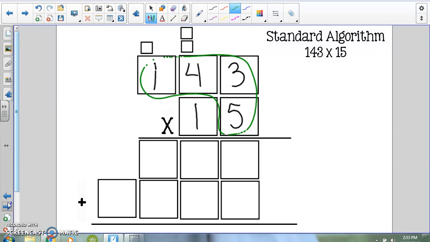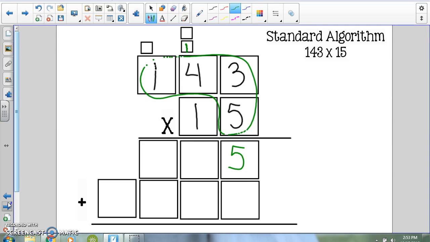Alright, so we talk about dancing, and so now we know our ones place is going to dance with the numbers at the top, all of them, and then we're going to give our tens place a chance to dance. So first, our 5 is going to dance with our 3. So 5 times 3 is 15. We're going to put our 5 and carry our 1. Next, our 5 is going to dance with our 4.